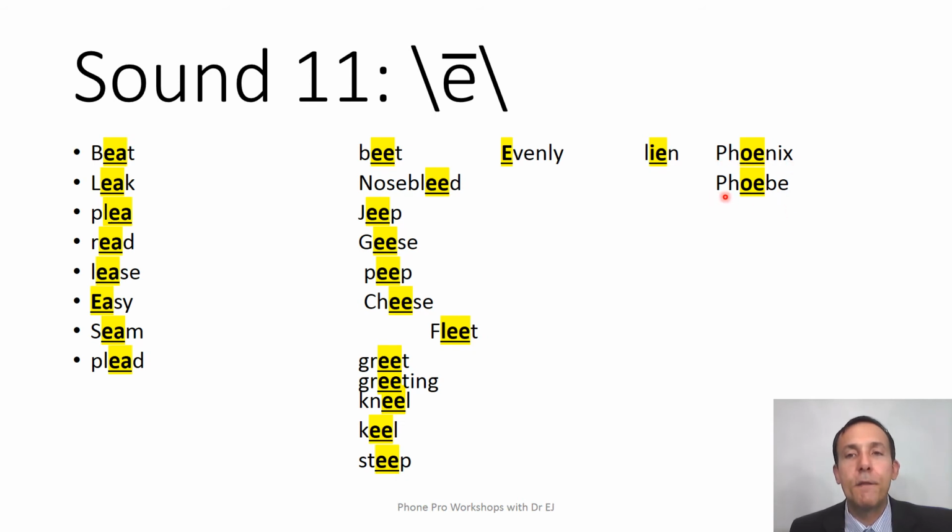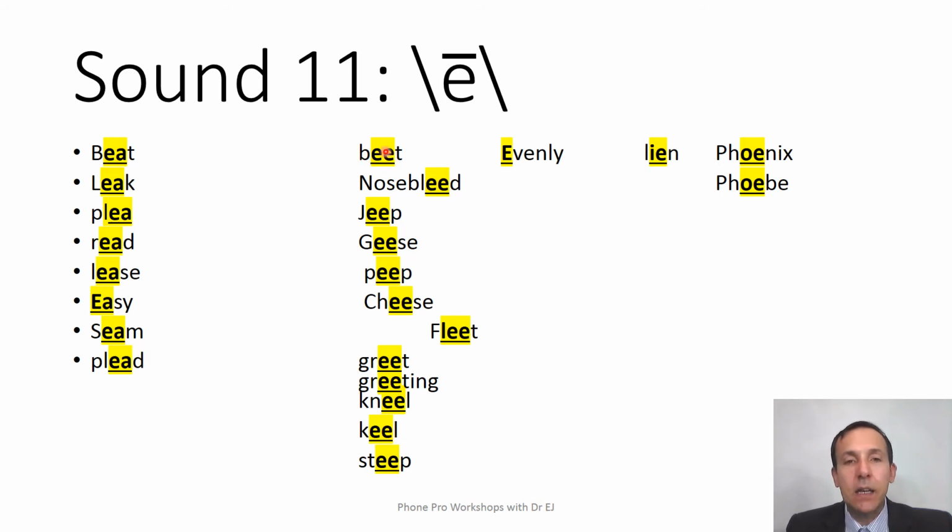Phoenix, Phoebe. Okay, please pay attention to which letters and which combinations of letters produce the E sound. Here we have EA, both highlighted in yellow and underlined.